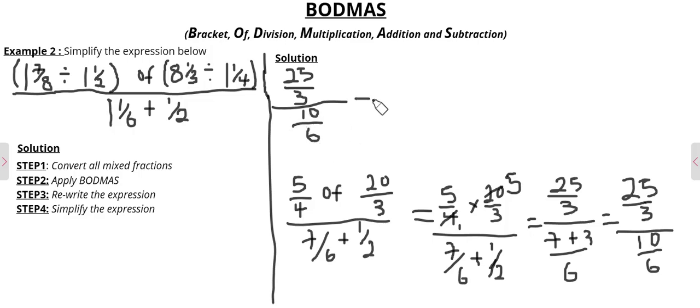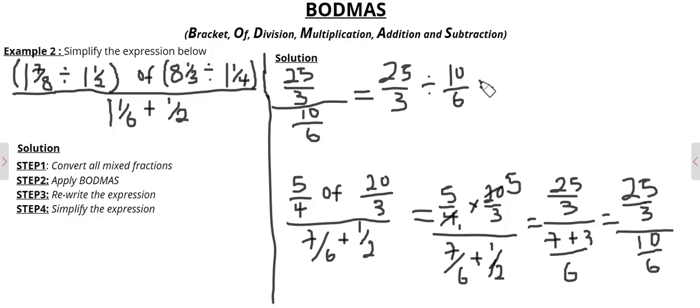So when we do that, remember, we'll still have 25 all over 3, correct? Now it will be divided by 10 all over 6, correct? And as usual, just as we did at this point, we cannot continue with this division. We have to change it to multiplication.